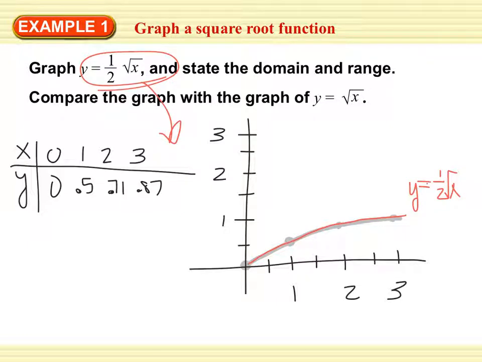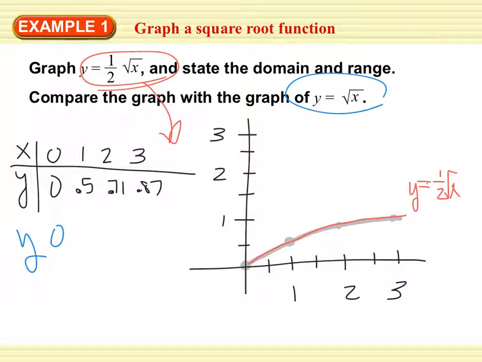If I compare that with, well, let's do a different color, blue, the original function, y equals the square root of x.